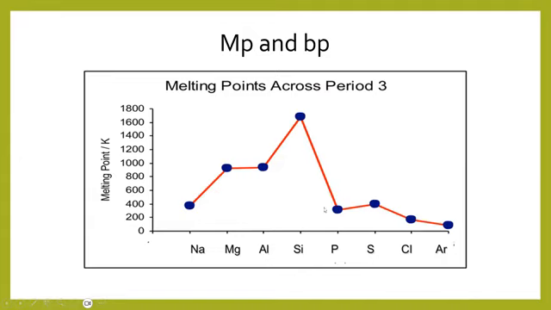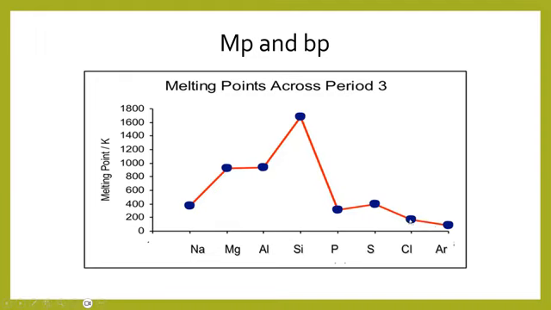These guys are all simple molecular, simple covalent, and the lowest is argon because argon goes around on its own, chlorine goes around as Cl2, phosphorus as P4, and sulfur as S8. So remember, van der Waals depends on number of electrons. Number of electrons, 18 for argon.